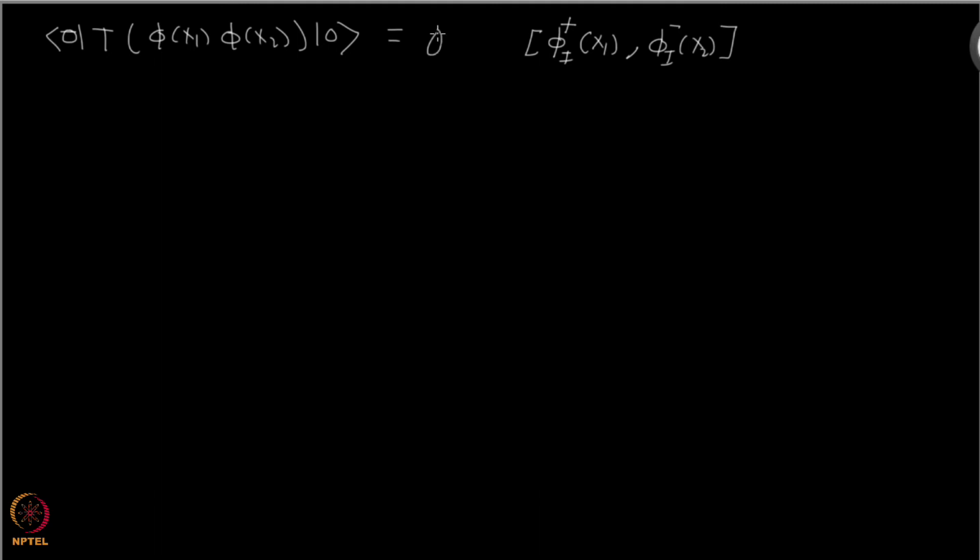And this is the one which hits when you have x1 naught greater than x2 naught. So this is present only when x1 naught is greater than x2 naught. That's what the unit step function is doing, plus the other term is present when x2 naught is bigger. So here you have phi I plus x2 phi I minus x1. That's the result.